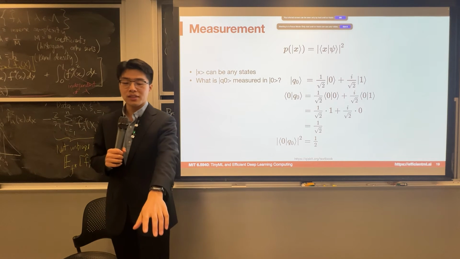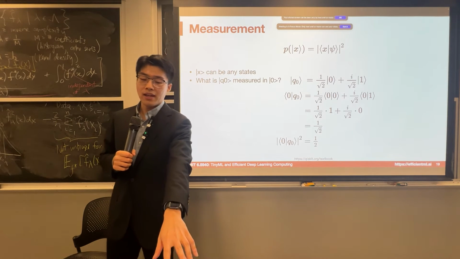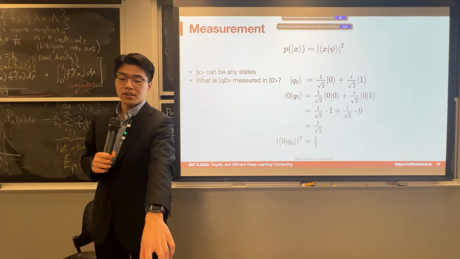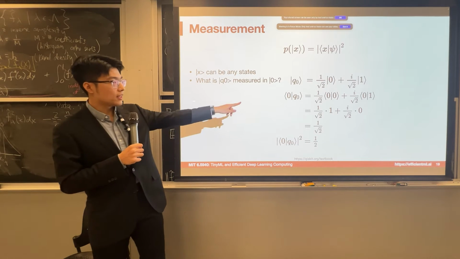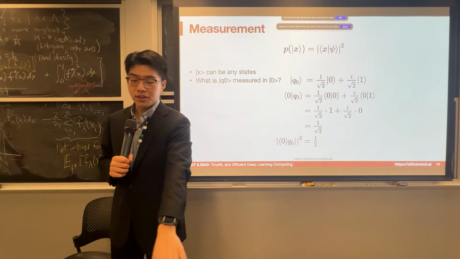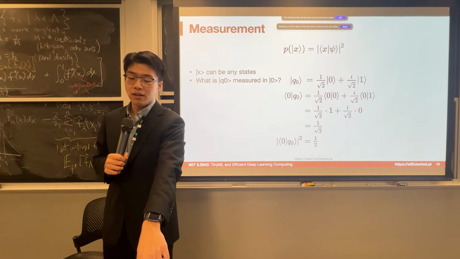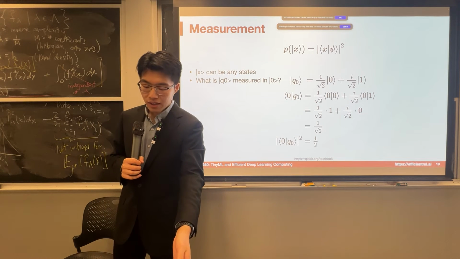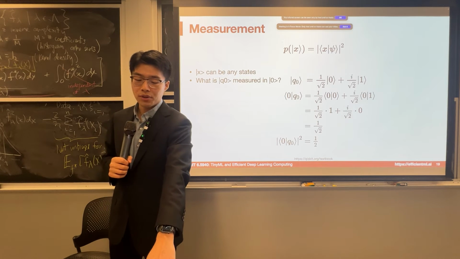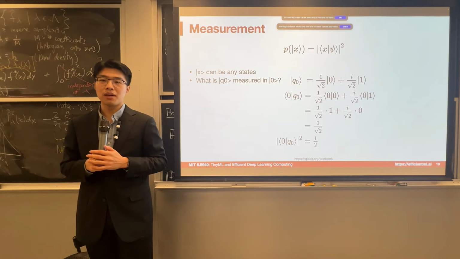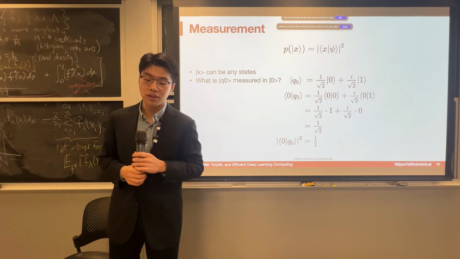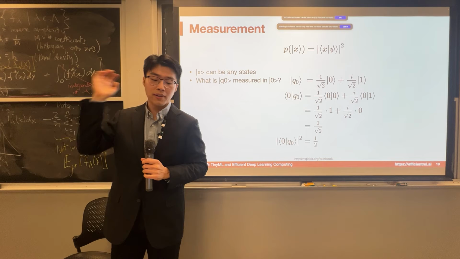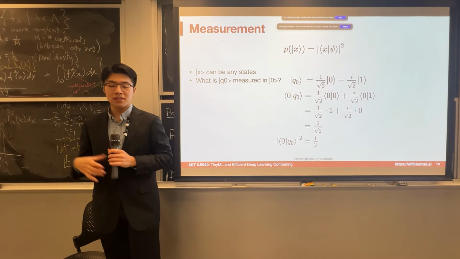So we do this vector multiplication between the 0 state and the state phi, and we can see this computation gives 1 over square root of 2, and then we compute the magnitude squared, which gives us 1 over 2, 0.5 or 50% probability.